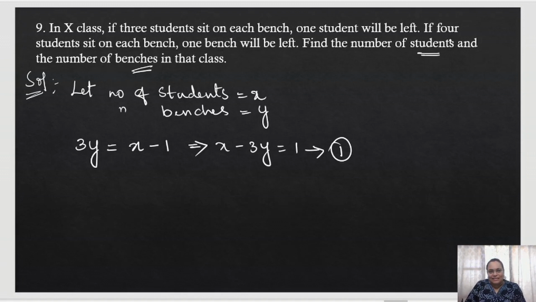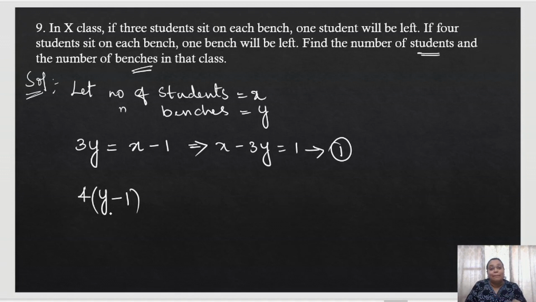Okay. Now see the question again. If 4 students sit on each bench, so now 4 students are sitting on each bench, 1 bench will be left. Now the whole bench is left. That is y minus 1. Right? Correct? Not the student.